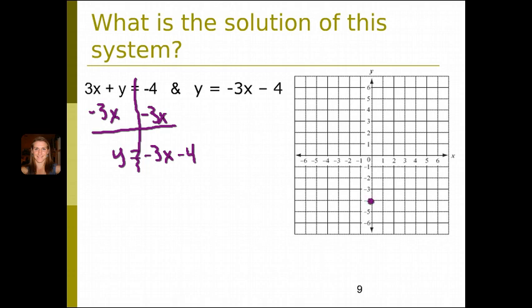So put your dot at -4, and we're going down 3 over 1, or we can also go up 3 over 1. And that's probably going to be a little more helpful for us in this example. Okay, connect your dots to make your line.